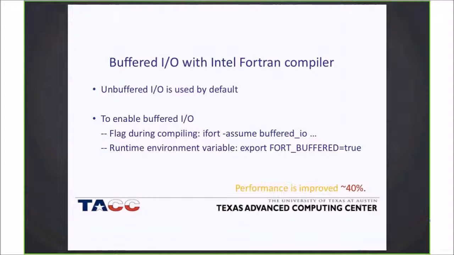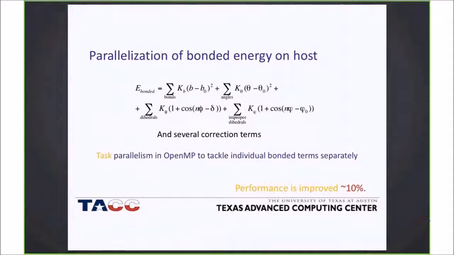Either you can provide the flag assume buffered_io to the compiler when you build your executable file. Alternatively, you can choose unbuffered or buffered I/O at runtime by setting an environment variable. It is very convenient to switch between the two modes. And we got about 40% performance increase with buffered I/O.